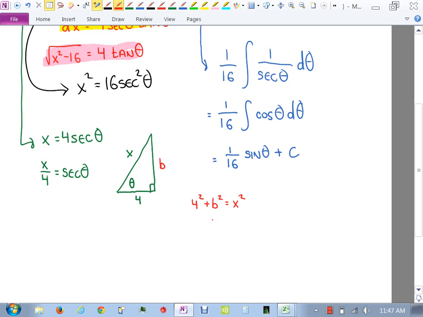I want to know what b is, so subtract the 4 squared, so subtract 16, right? And then take the square root on both sides. So b is the square root of x squared minus 16. That help? Okay.